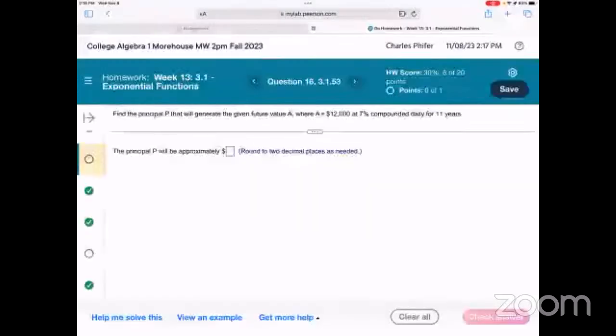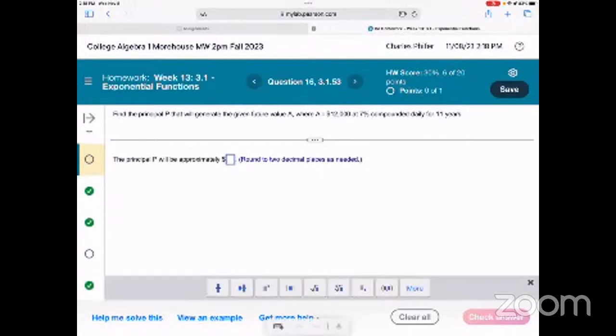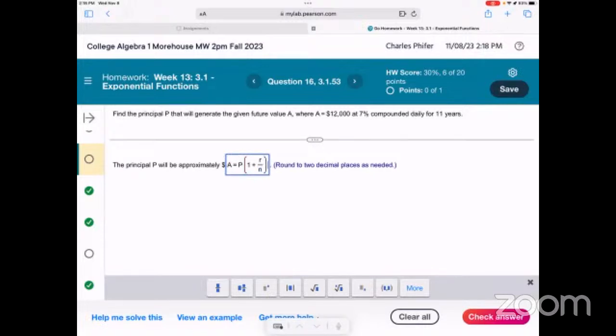Okay. Find the principal that would generate this future value. Compounded daily, so we're using our compound interest formula. The future amount is going to be the principal times 1 plus r over n to the power of nt. We want the future amount to be 12,000, and we're trying to solve for the principal.